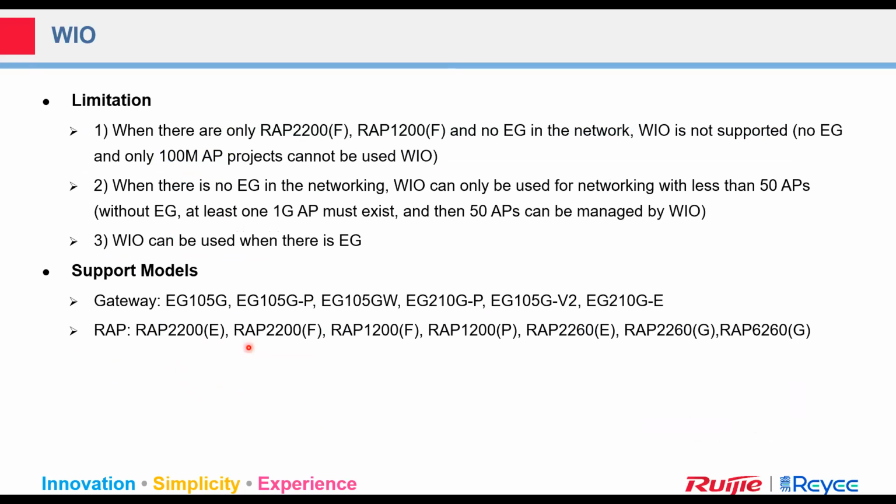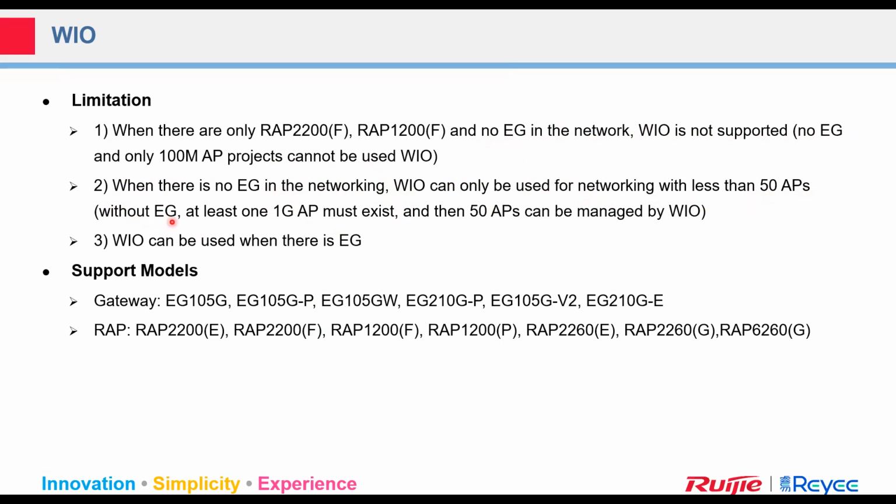So there is a limitation of this WIO. You're able to do WIO if there is an EG in the network. If there is no EG in the network, the WIO is not supported. So if there's no EG in the network, WIO can only be used if there are less than 50 APs in the network.